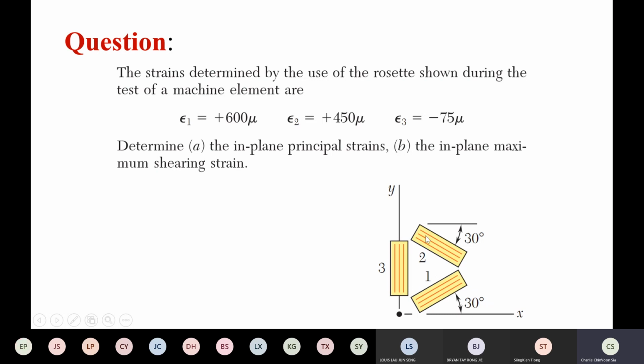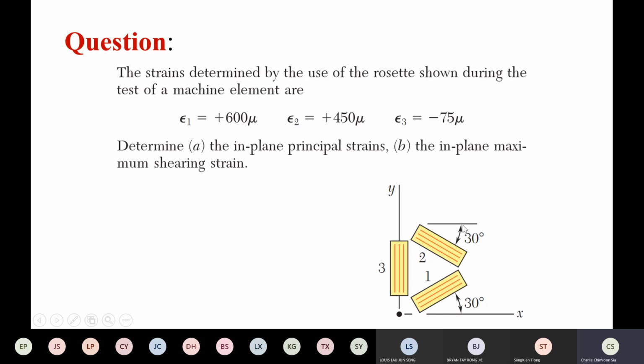Strain gauge number two is also 30 degrees from the horizontal, but for this angle, same as mentioned last week, if the theta angle is anti-clockwise, it is considered a positive value, and clockwise is considered a negative value.